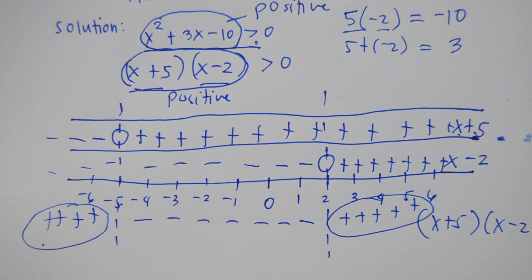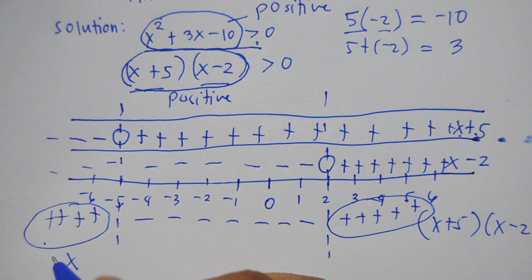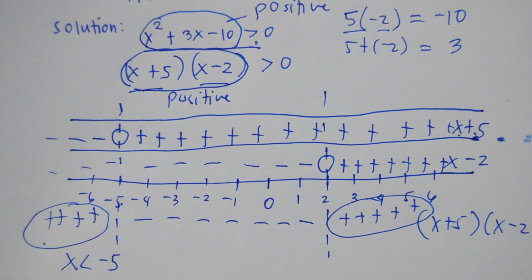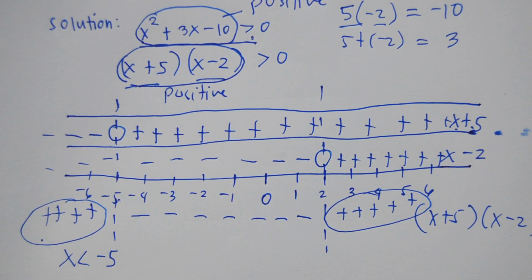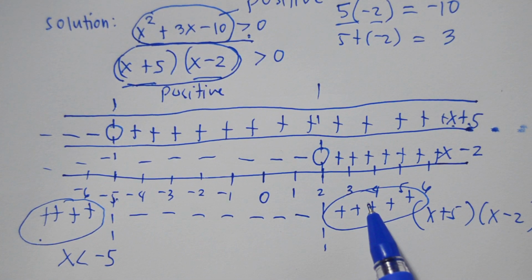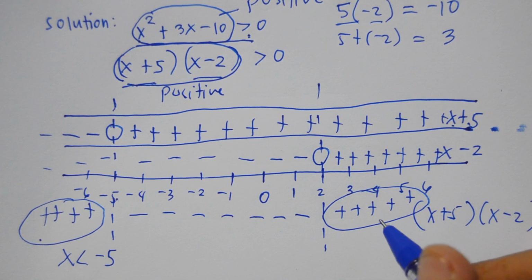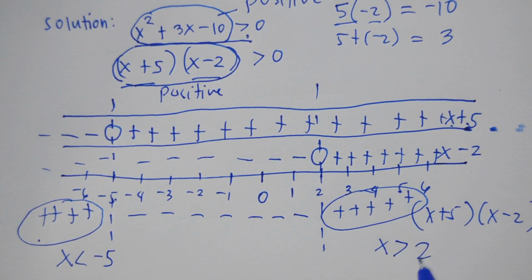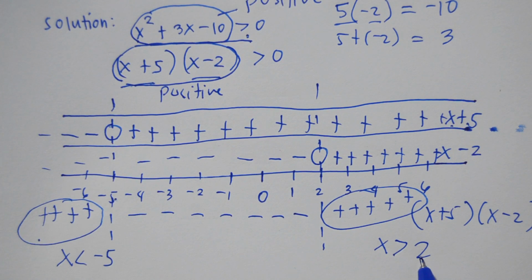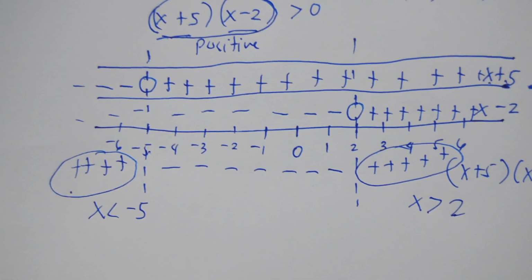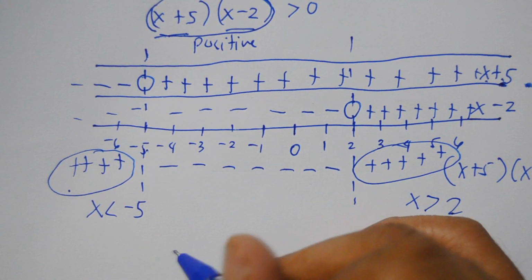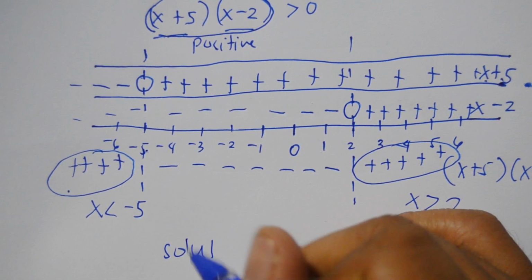So what should be the solution set in our first area? That is x less than -5. And in the second area, that is positive, x is greater than 2.